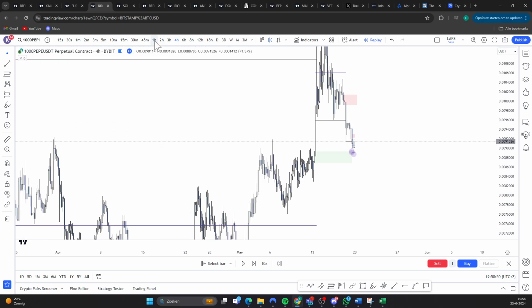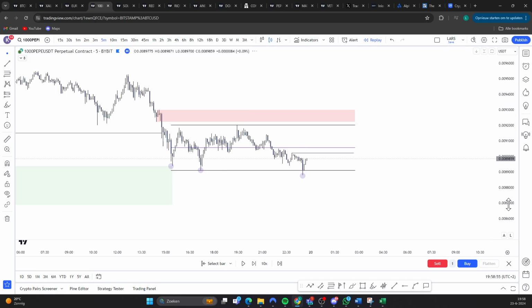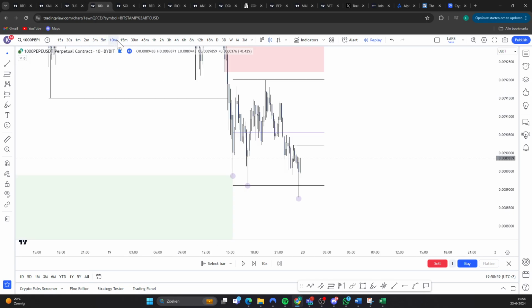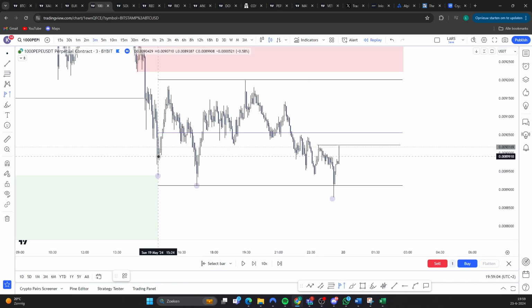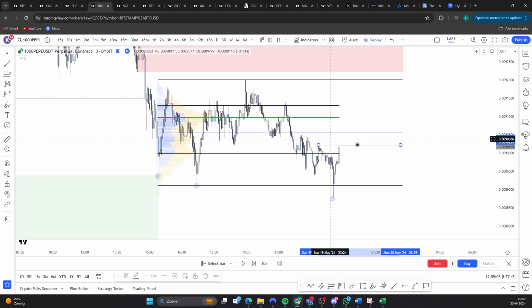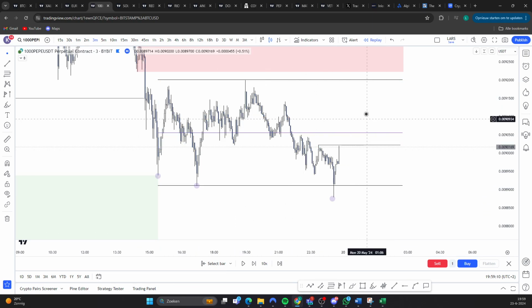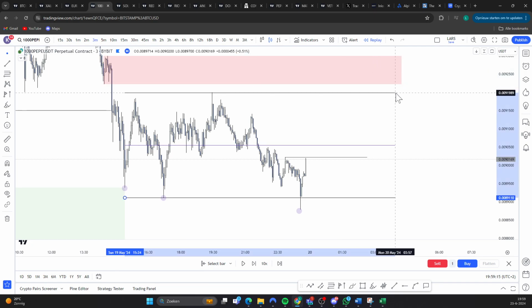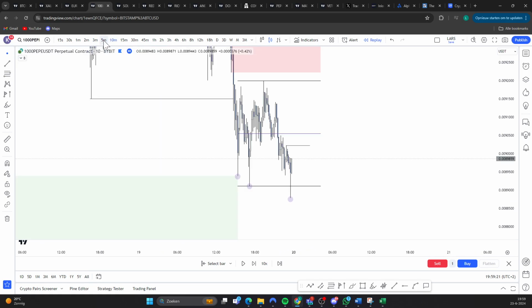I would like, this is crazy, okay. If we break that high, low key, I would just open the swing long and not touch it.